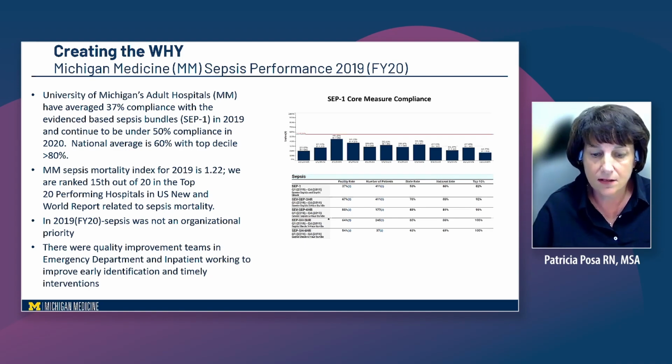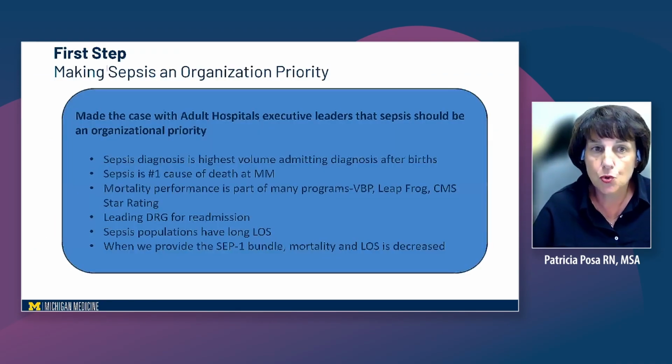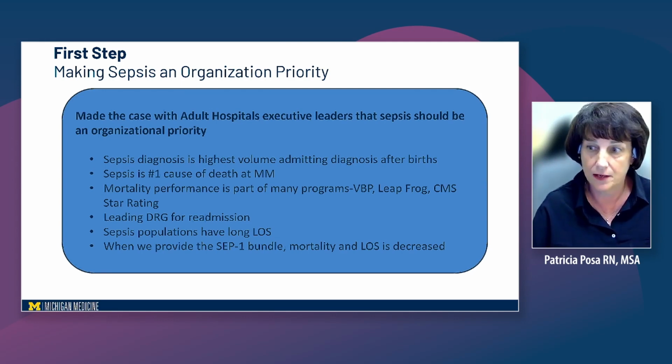So our first step, you can go on to the next slide, was to make sepsis an organizational priority. We gathered our data, which included the additional information that I shared on the previous slide. It was really important to show the links between how sepsis was impacting other indicators the hospital was focusing on. So why should the executives worry about this?